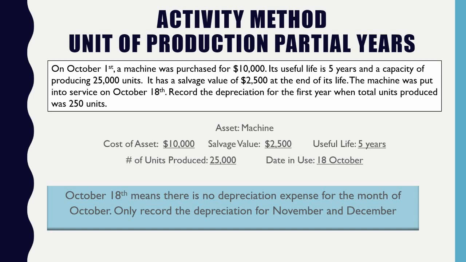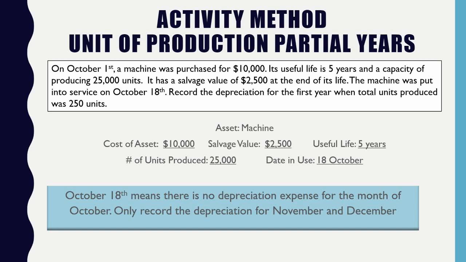If you remember, the day that we place it into service is very important. If I place it into service as of October 18, when do I actually start depreciating it? The next month, because you haven't used more than 50% of the machine yet.